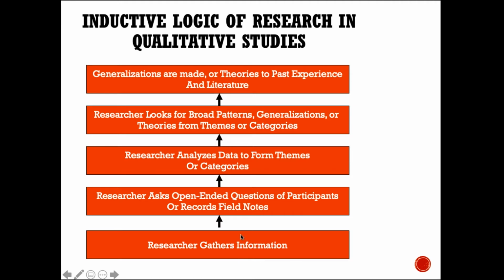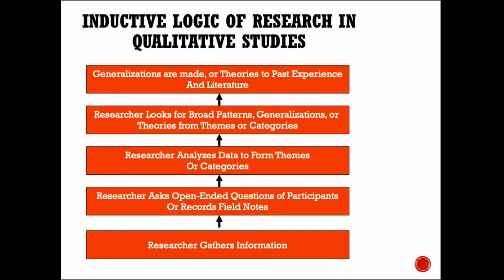You collect the data, gather information, whether in interviews, focus group discussion, or your observation. Then you as a researcher will ask open-ended questions to participants or record a field note. Then after that, you analyze the data to form themes and categories, and we will see that later, how we are going to develop them.